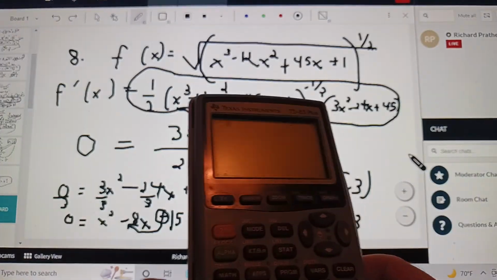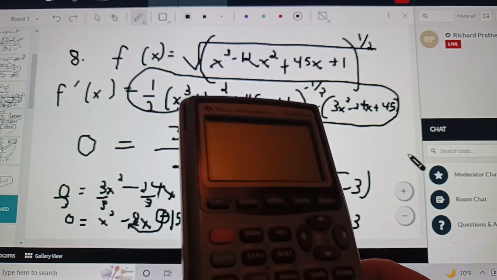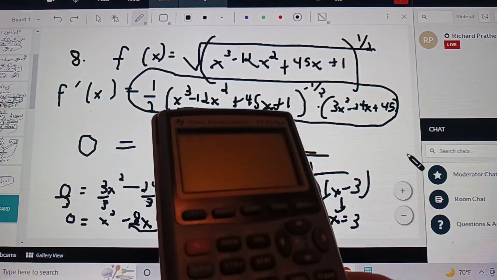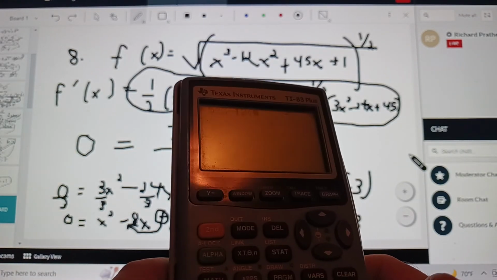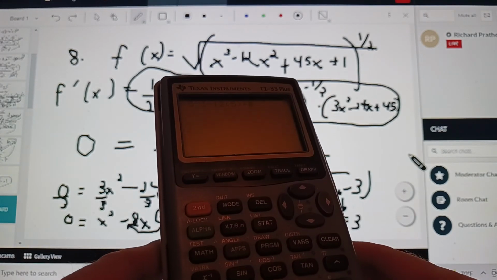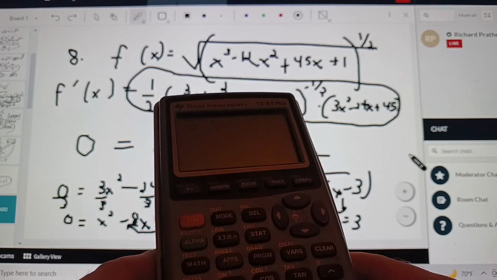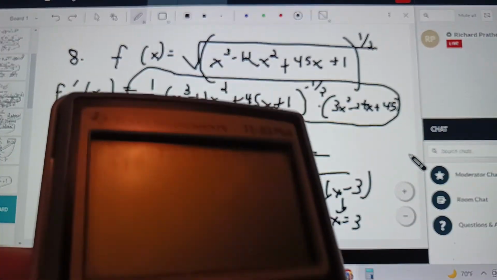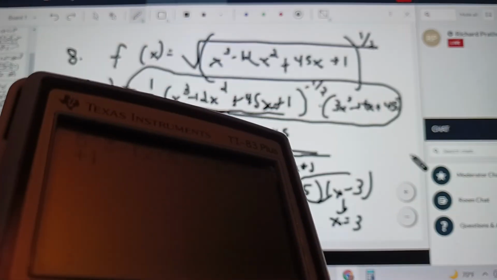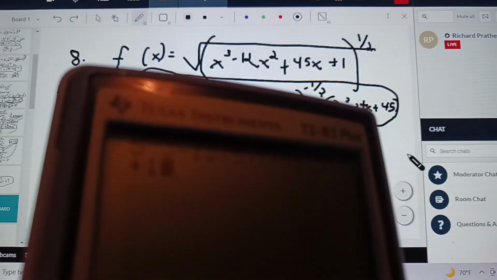So 5 to the third power minus 12 times 5 squared plus 45 times 5 plus 1. This better not equal 0, otherwise we've got to cross this 5 out. I don't know if you can see that or not, but there.